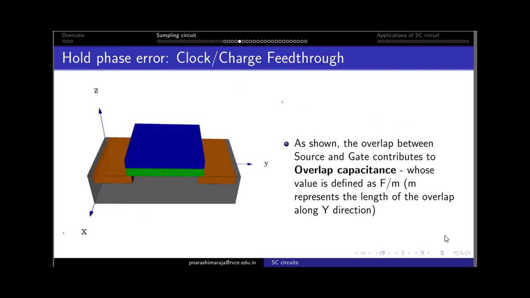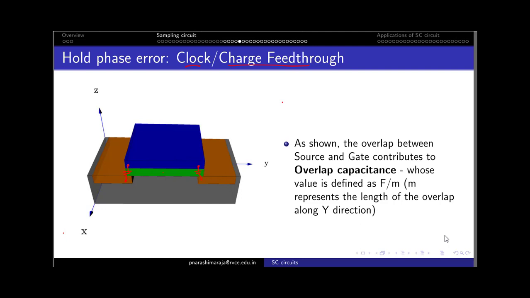Next, we discuss the second type of error, which we call clock feedthrough or charge feedthrough. This phenomenon happens due to the overlap capacitance between the gate, shown in blue, and the drain, or between the gate and the source terminal.